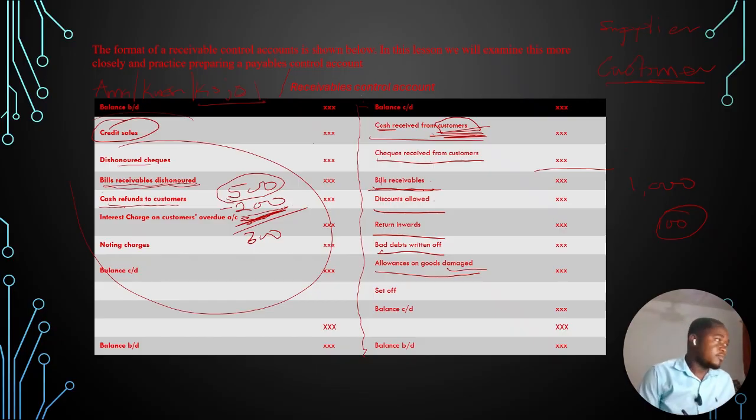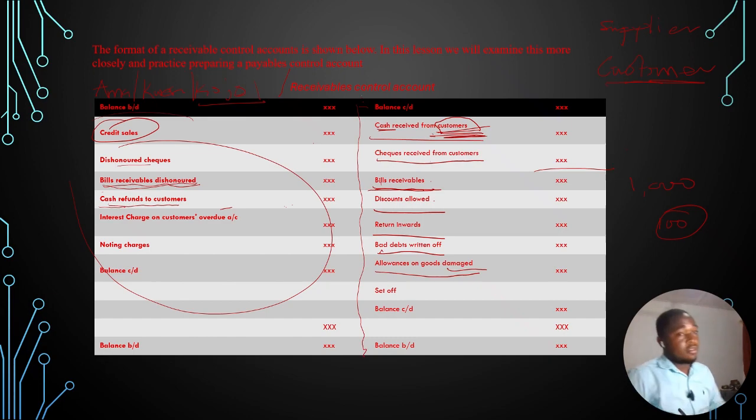And then we have the interest charge on customer overdue. Customer is owing you. Maybe you run a business, and a customer buys an item on credit. You go on an agreement, and you tell the person to pay within 1 month.